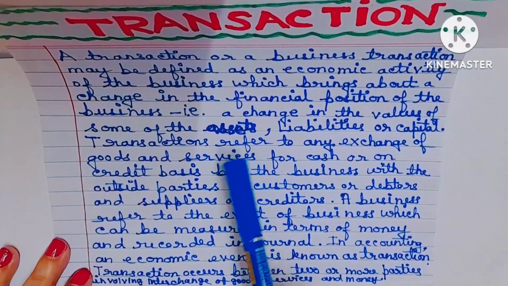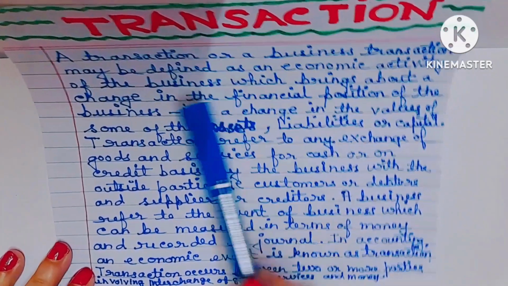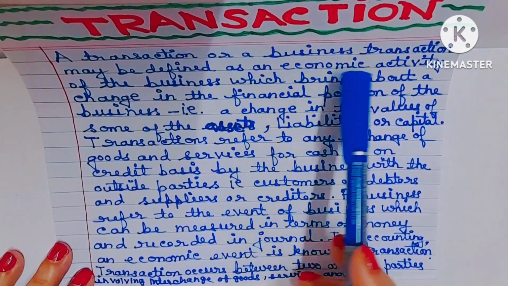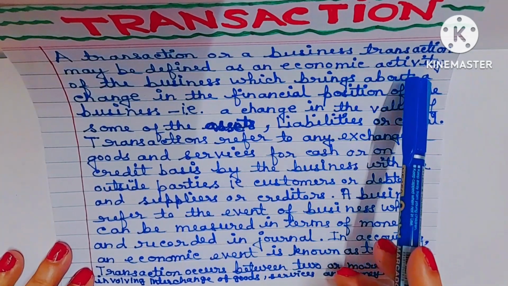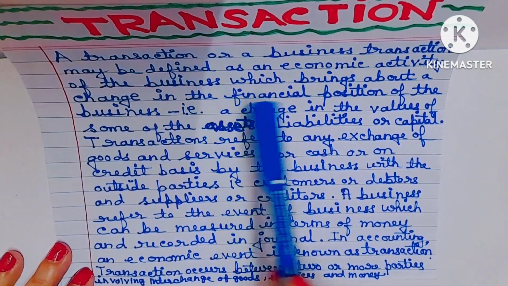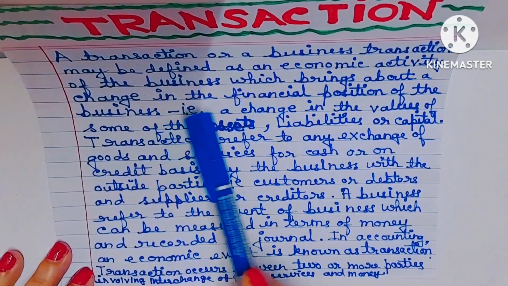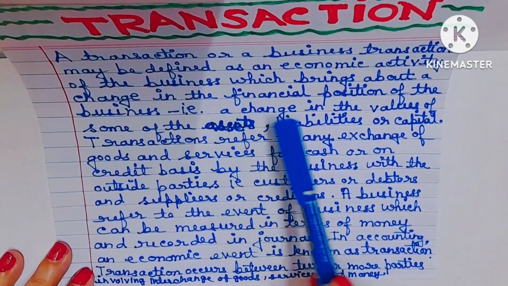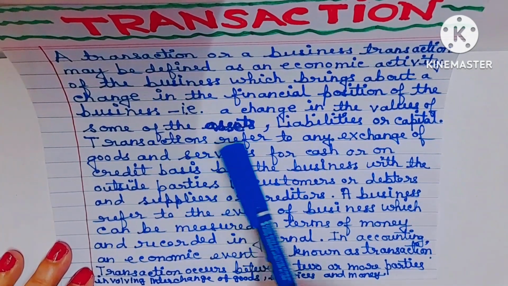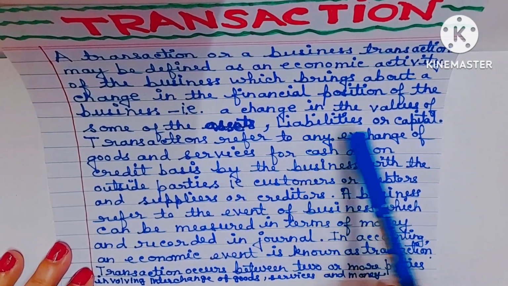Okay? What is a transaction? A transaction or a business transaction may be defined as an economic activity of the business which brings about a change in the financial position of the business, that is, a change in the values of some of the assets, liabilities or capital.